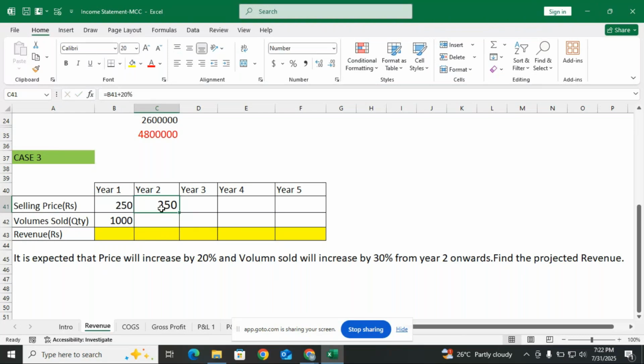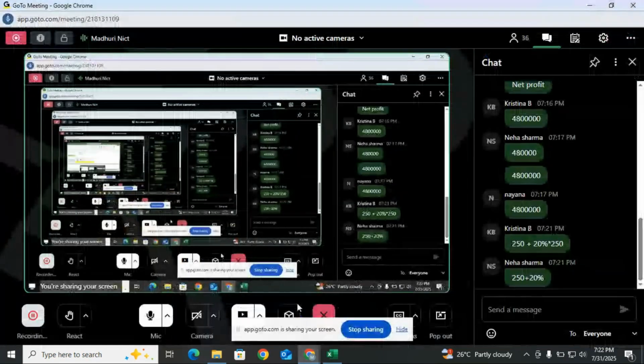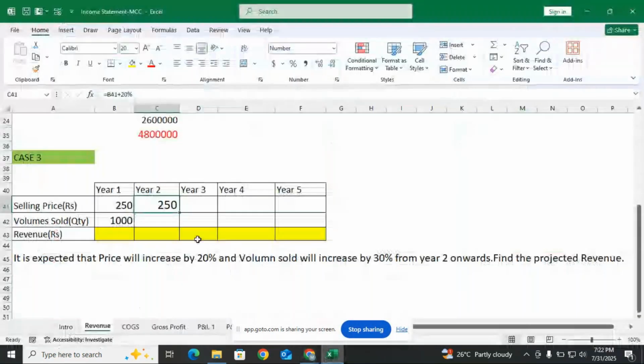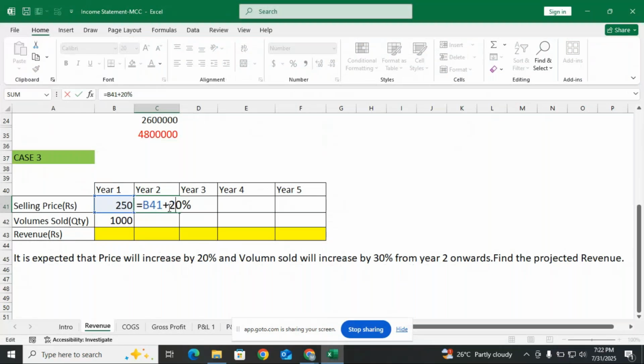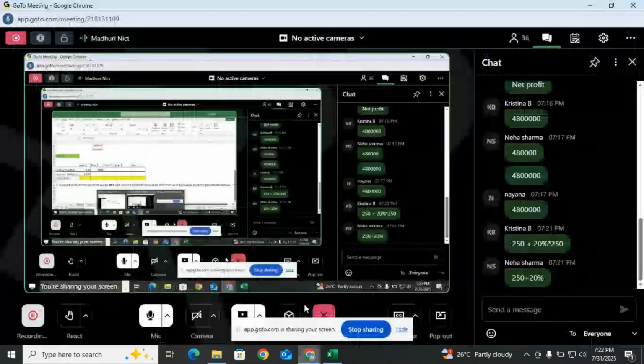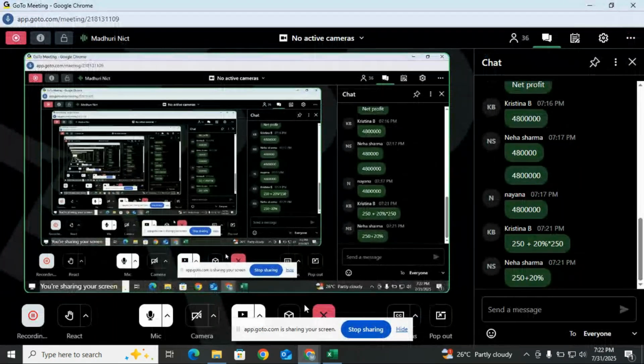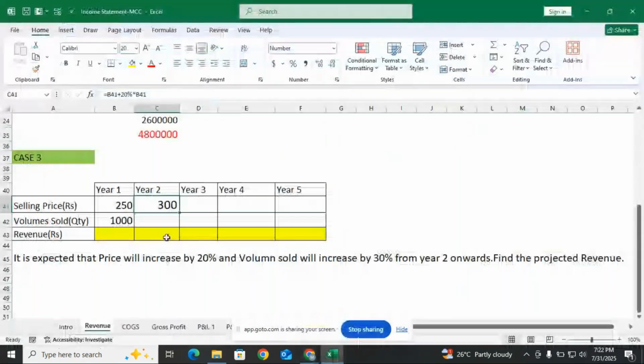No, I'm getting the same value. Now what does Christina say? 250 plus 20% into 250. Yes, Christina was right, but I'll give it in a simpler way.